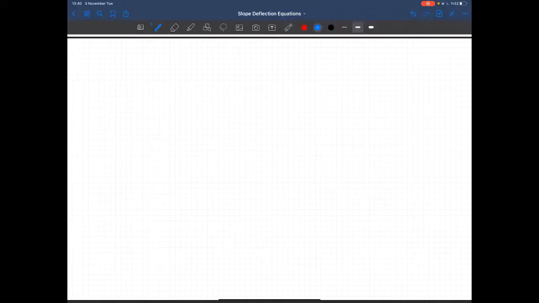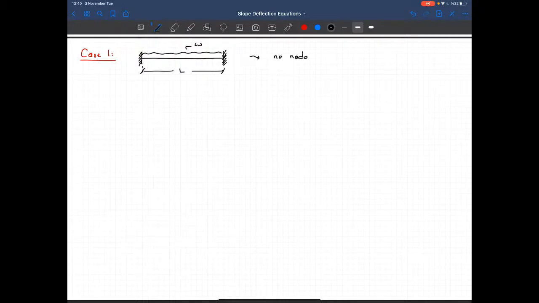Okay, now let's work on the fixed moments. So we will be working on case 1 now. Let's remember what that is. We say that I'm fixing the ends of the member and I have the member loading. So I will be doing the derivation for a uniformly distributed load, W. That's the length of the member. And this is the no nodal deformations, only member loads.